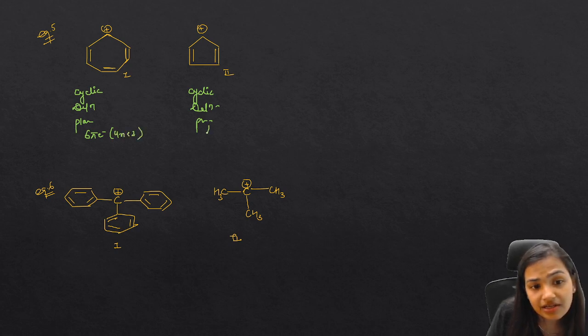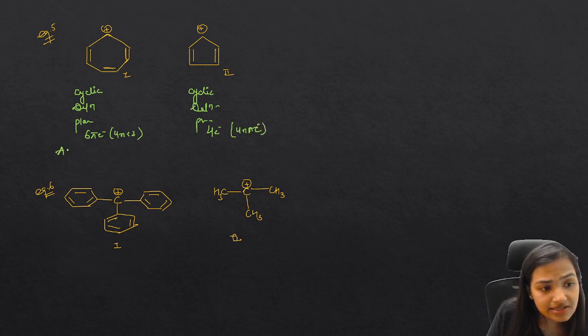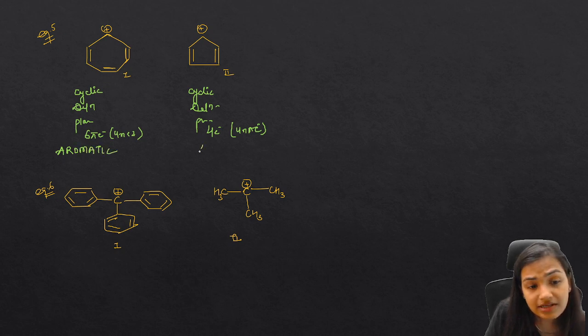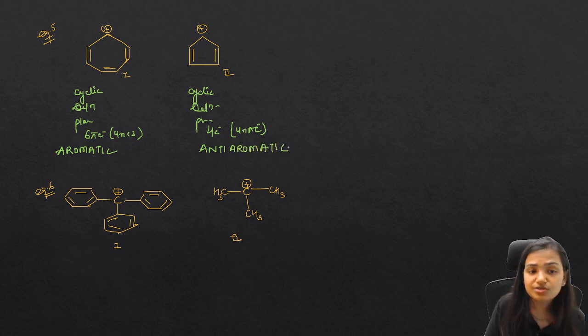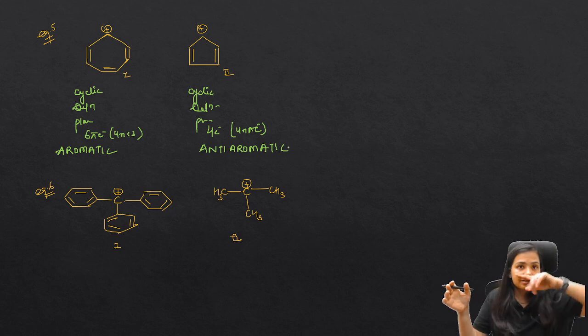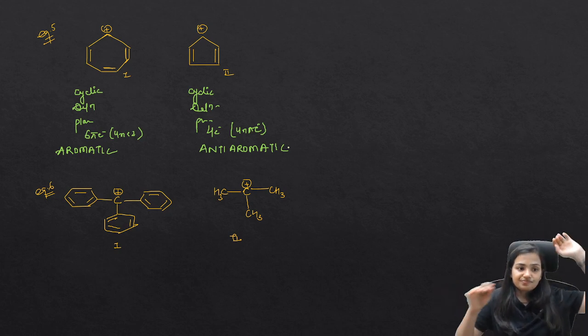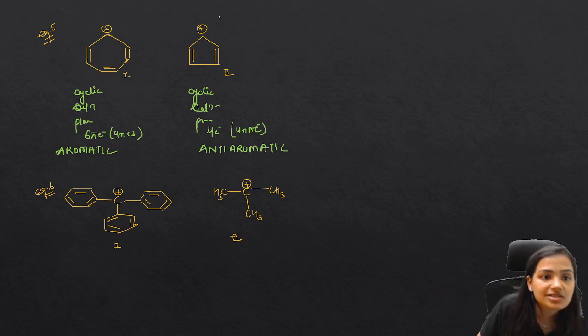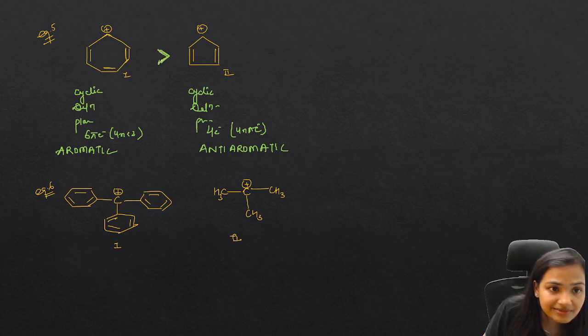But here the number of pi electrons is only 4, so the 4n pi electron rule is obeyed. This means that this is an aromatic carbocation and this is an anti-aromatic carbocation. Out of these two, which is more stable? The one which is aromatic is more stable than the anti-aromatic. This is the answer.